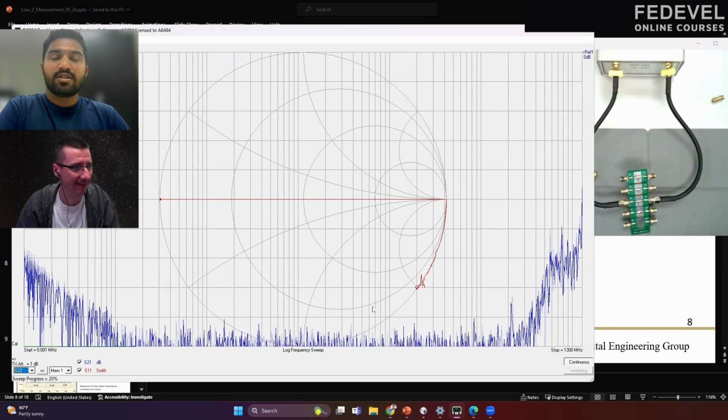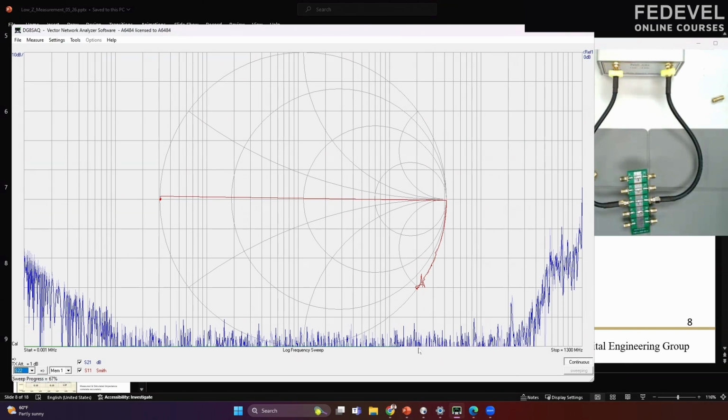So here on the Smith chart, it's plotting the reflection coefficient, but what we are actually interested in is the insertion loss, because we are going to use the 2-port method, and we are going to use the insertion loss to calculate the impedance. And now it's taking the sweep, and let's see if we get what you expect. As you said, for the lower frequencies, yes, it's giving us a constant kind of output.